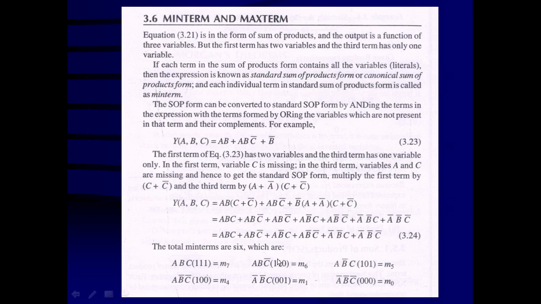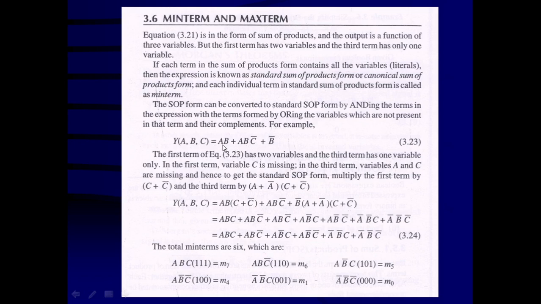Next important thing is the representation of the sum of product equation and product of sums equation in terms of min terms and max terms. Equation 3.21, which we have studied, Y is a function of A, B, C equal to AB plus A B bar C bar plus B bar.